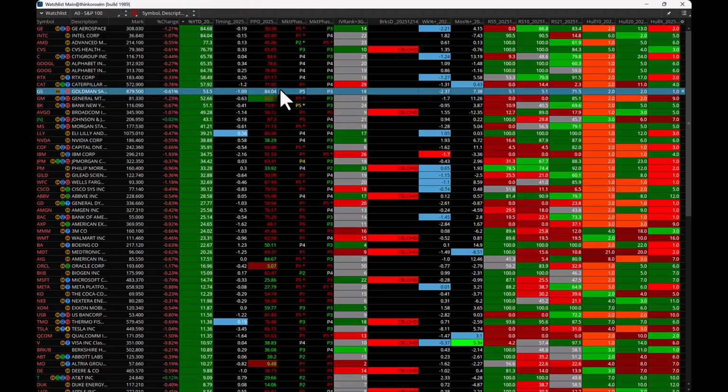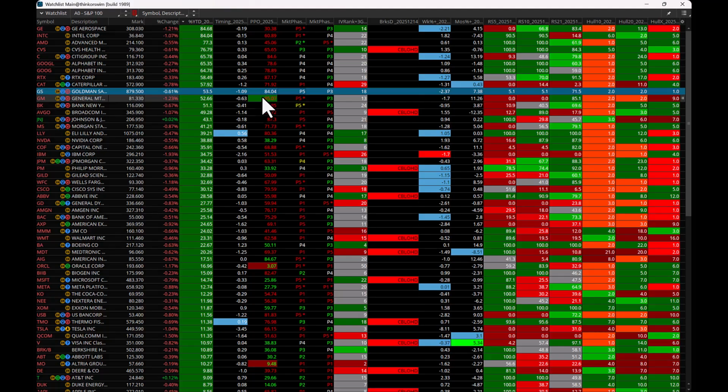Yeah, we were looking at GE. But in the case of GM, it's showing that we are in an overbought state. We see that, and this is the part that's interesting, we see that the PPO has started to fall.